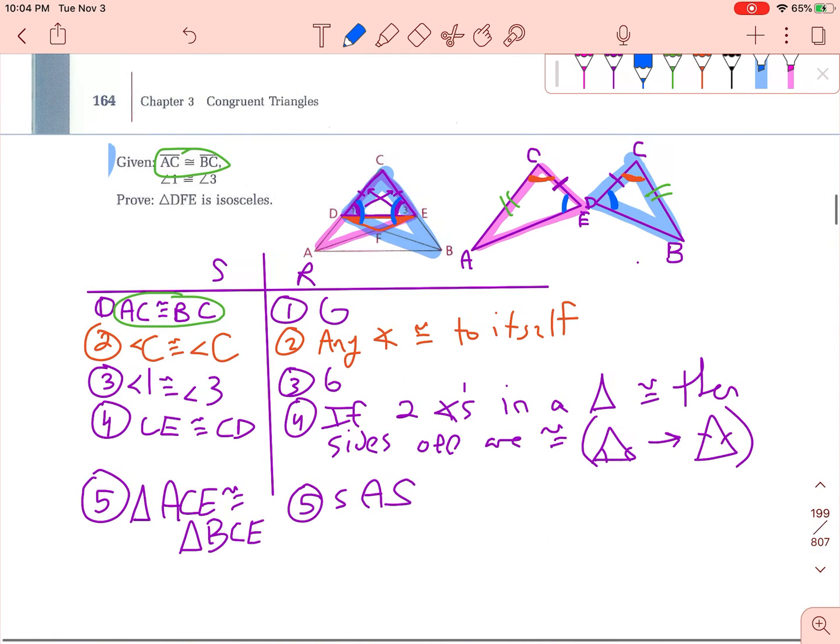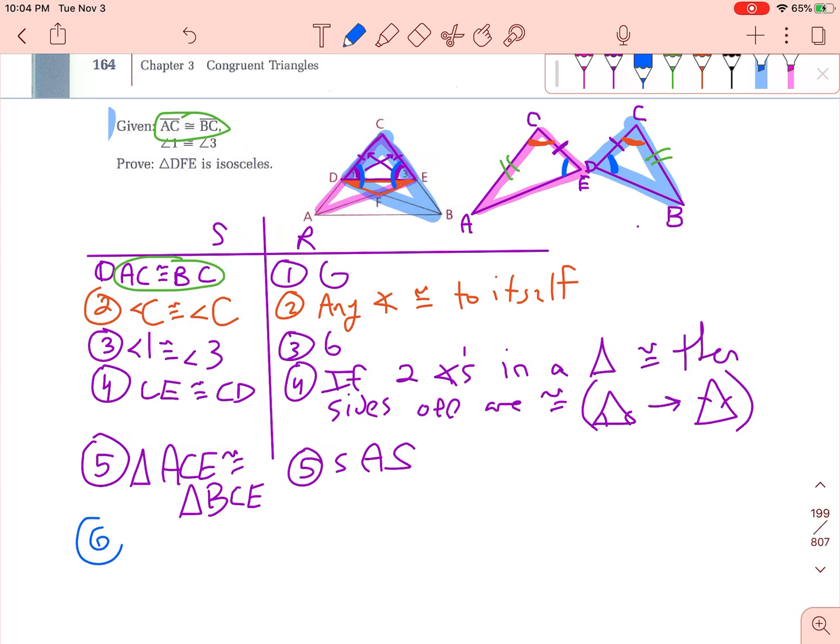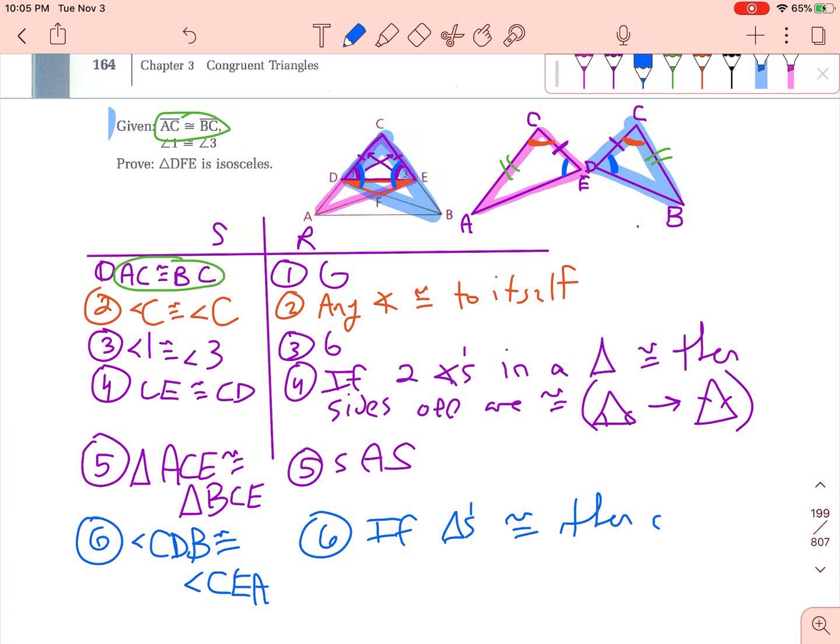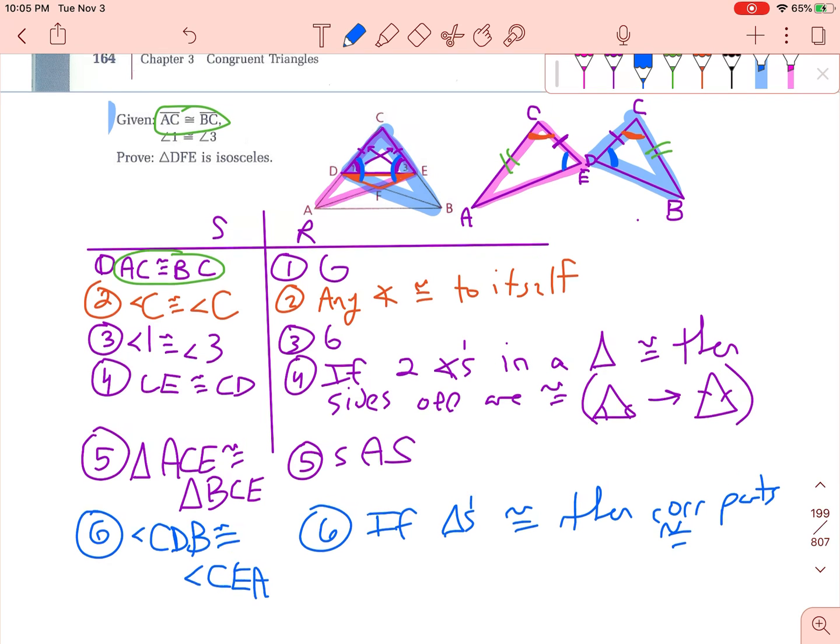So I had to pull out those blue angles. So in step 6, I'm going to say angle CDB is congruent to angle CEA. And that is because if triangles are congruent, then corresponding parts are also congruent.